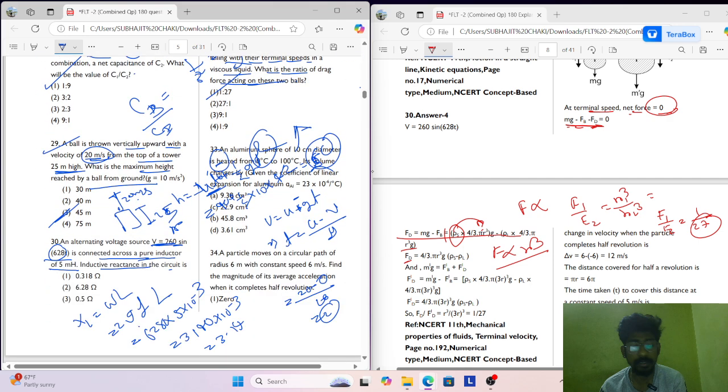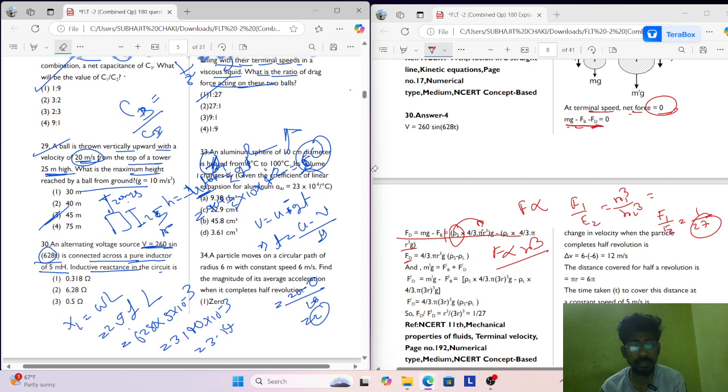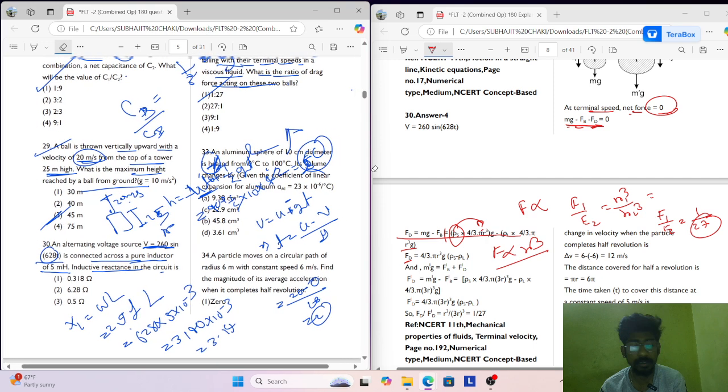Aluminum sphere of 10 centimeter diameter and 5 centimeter radius is heated from 0 to this.